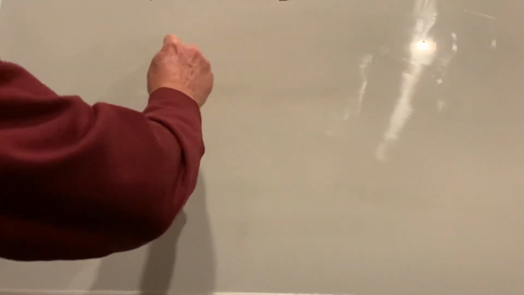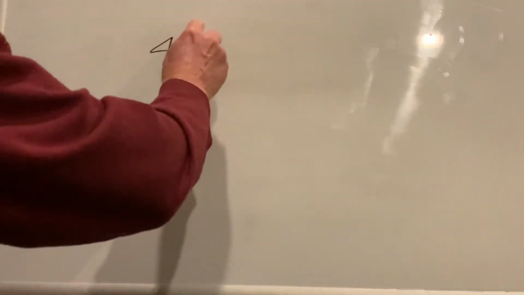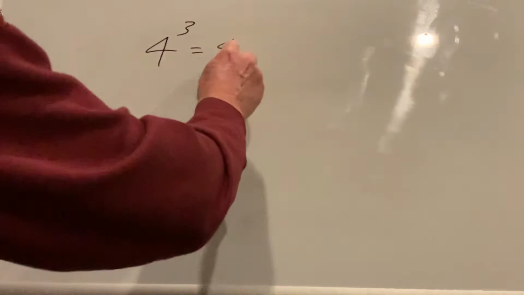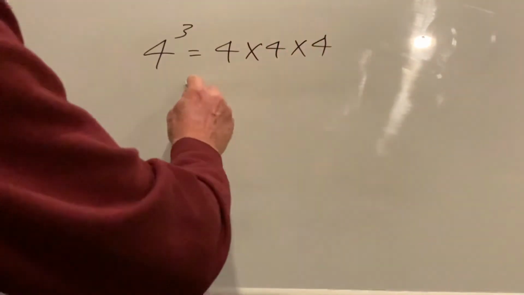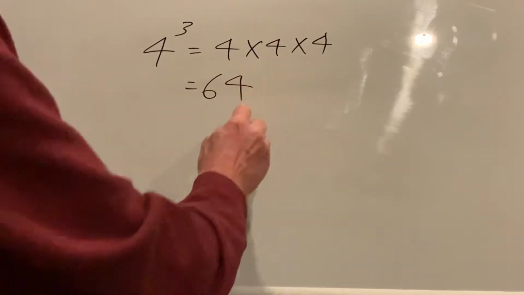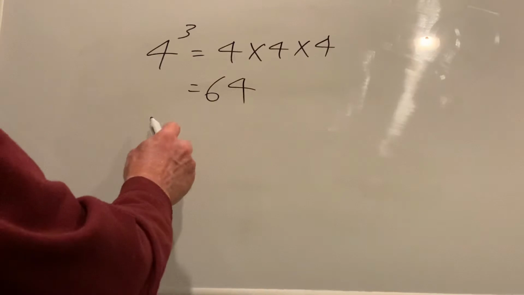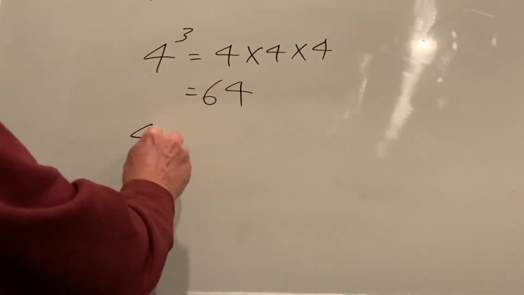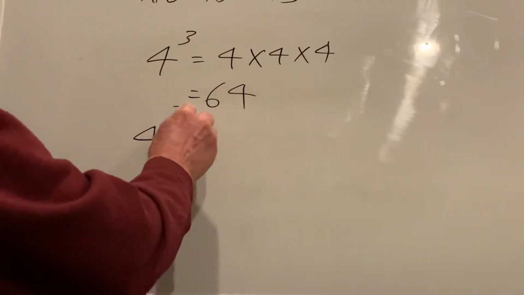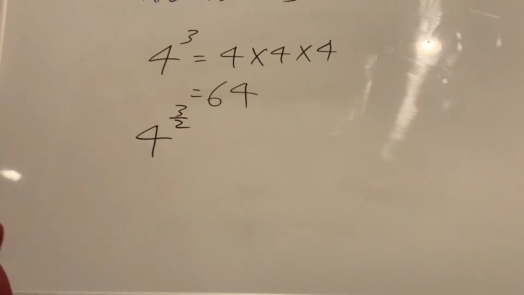Okay, so if I said to you, what about 4 cubed? Well, that equals 4 times 4 times 4, which equals 64. You agree? And what if I said, what about 4 to the 3 on 2? Now, that's starting to look a bit tricky, isn't it?